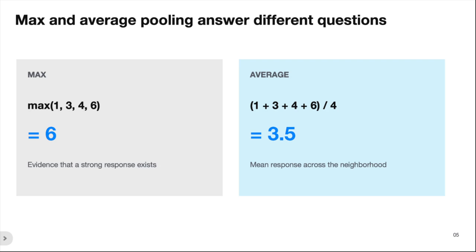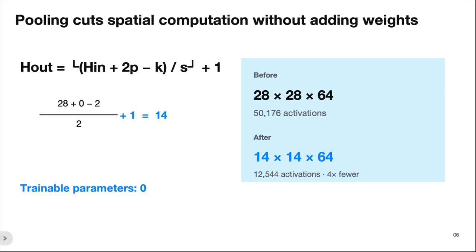The 4 output values are 3.5, 1.25, 2.5, and 4.5. Max pooling asks whether a strong feature exists somewhere in the window. Average pooling asks how much activation exists across the window, and the best interpretation depends on the representation and the task.